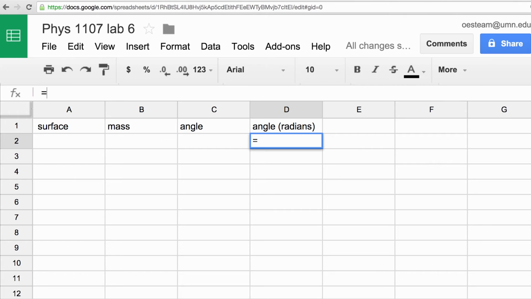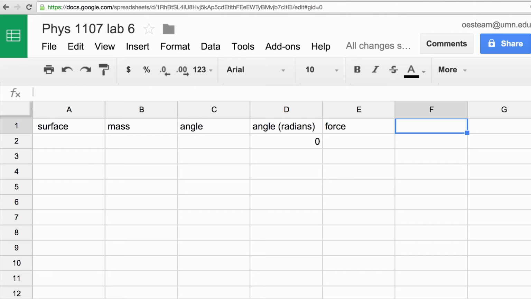So to fix this, I've just taken my angle in degrees and multiplied it by pi over 180, which converts that to radians, and we'll make a column for that. And now put in a force column.